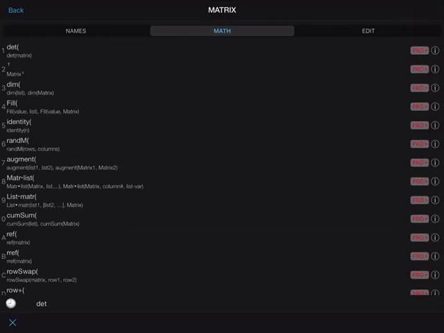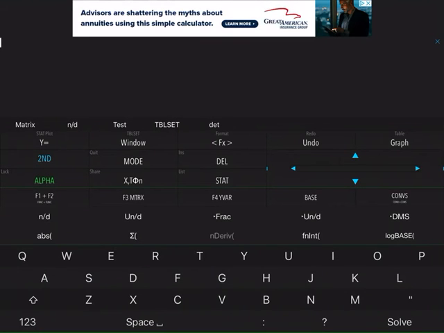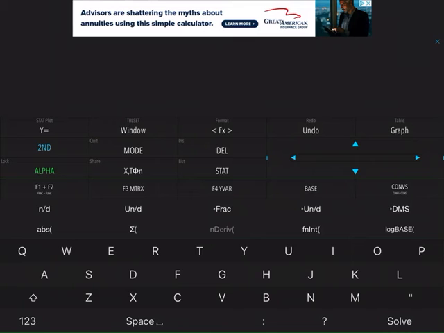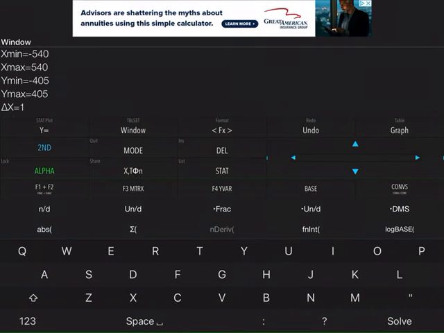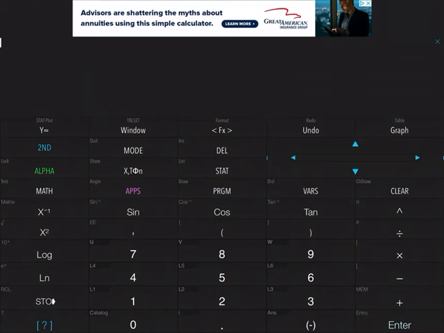I'm going to click second matrix, just like I would on the calculators at school. Oh, just kidding. Sorry. I'm going to click alpha. No. I have to figure this out. Miss Gronefeld, get your stuff together. Come on. Okay.